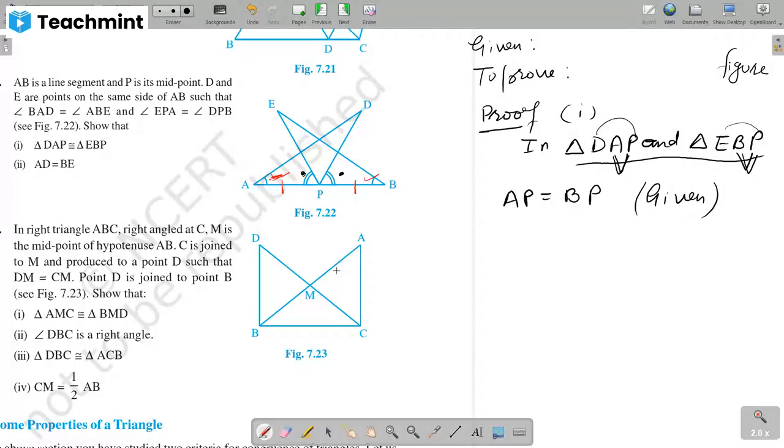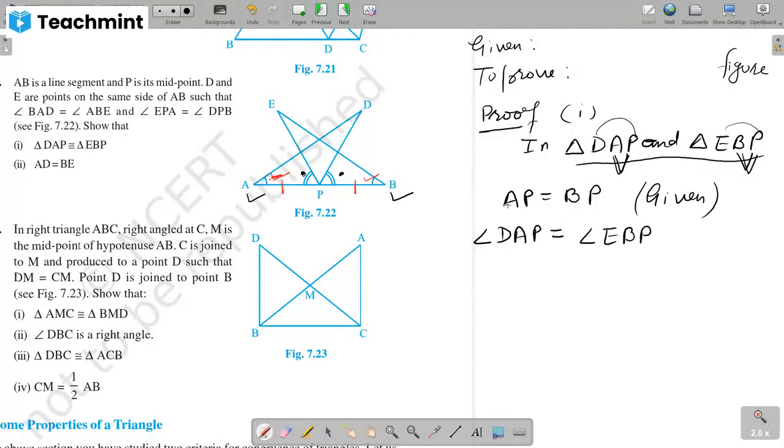Then we are given two angles. One is at point A. Angle at point A is equal to angle at point B. Angle at point A means DAP. So you will write angle DAP is equal to angle EBP.